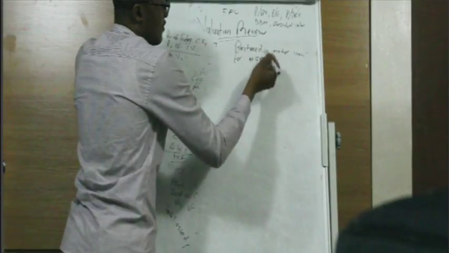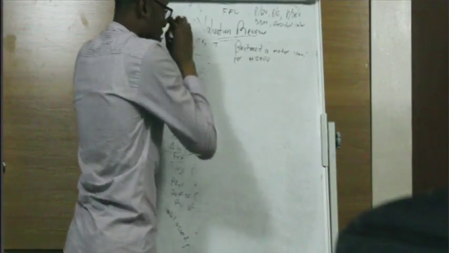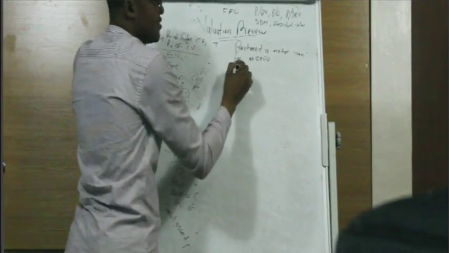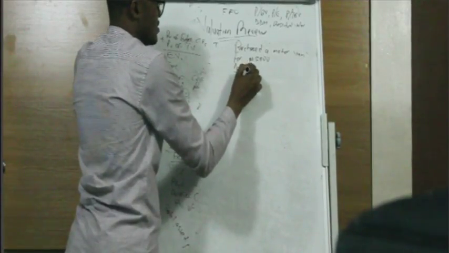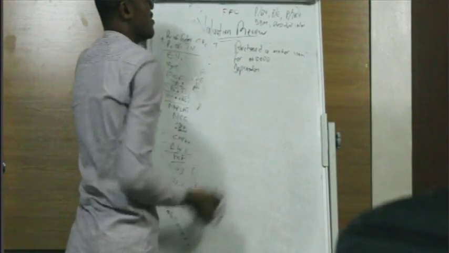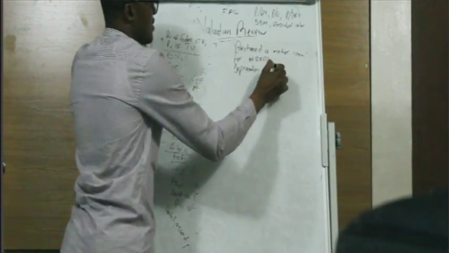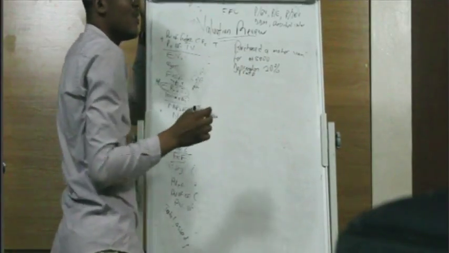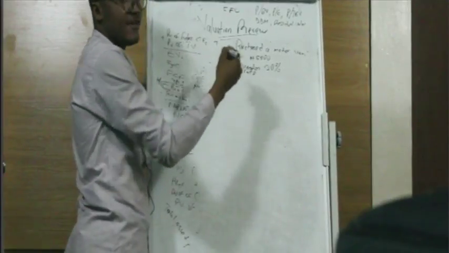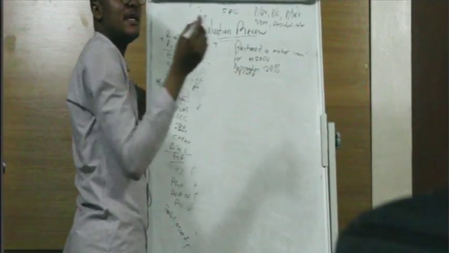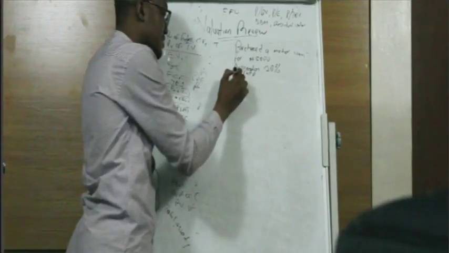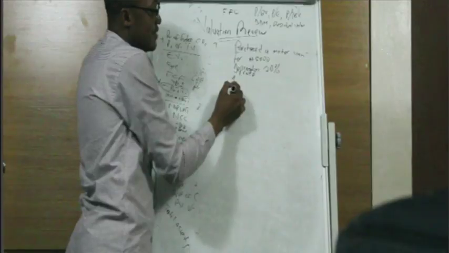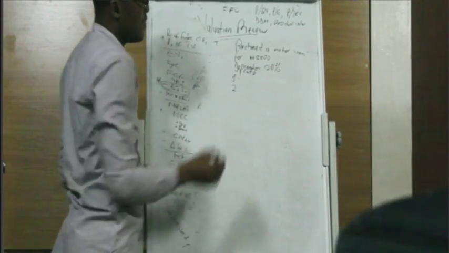Useful life, and depreciation is at 20%. This is the depreciation rate. Someone should walk me through the effect of this transaction on the three financial statements at the beginning of year 1 and in year 2. So this is year 1, this is year 2.